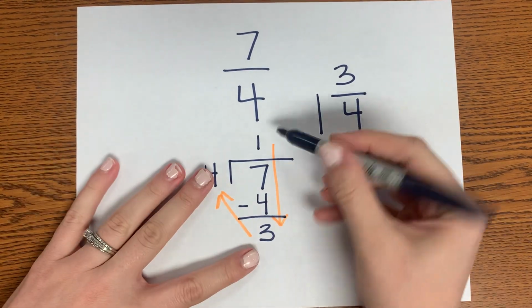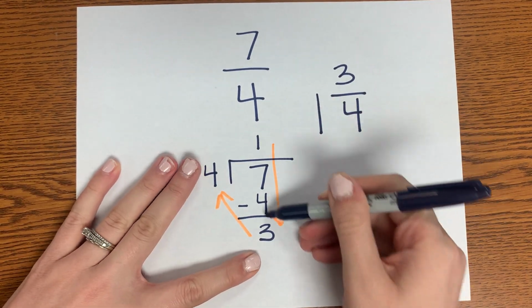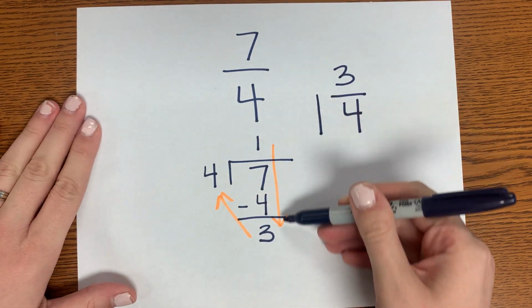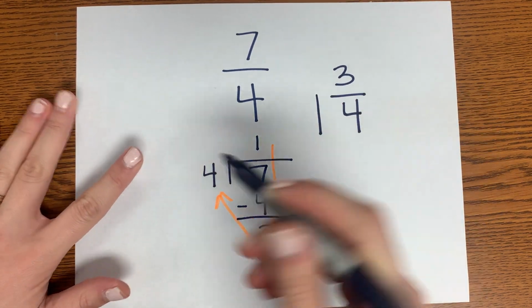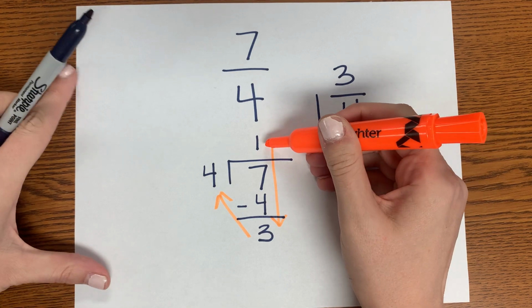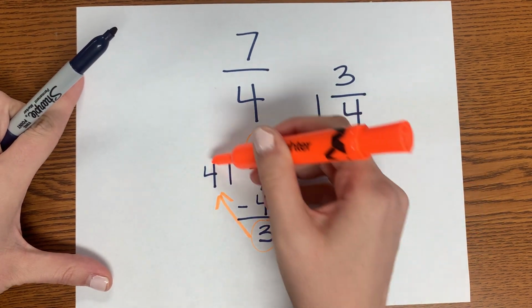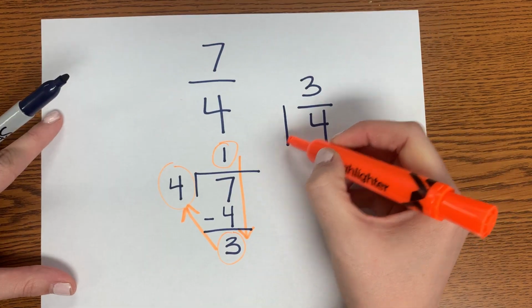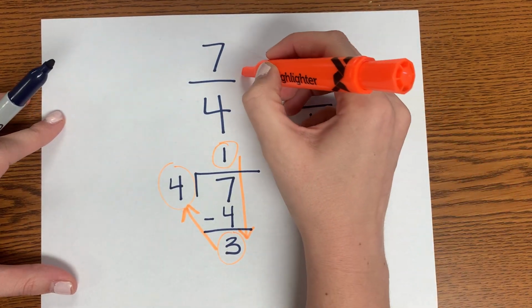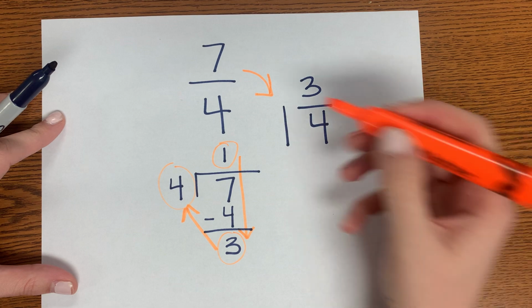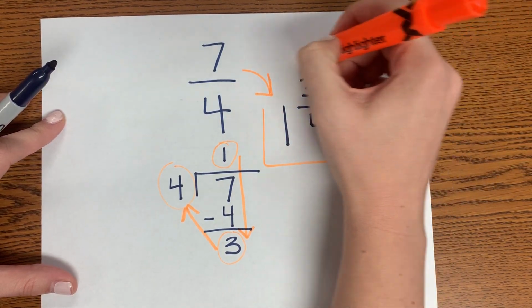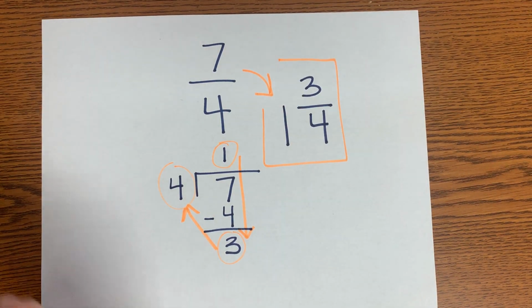It's 1 and 3/4. That's why I wrote these orange arrows, because we start with the quotient. So 7/4 can actually be rewritten as 1 and 3/4.